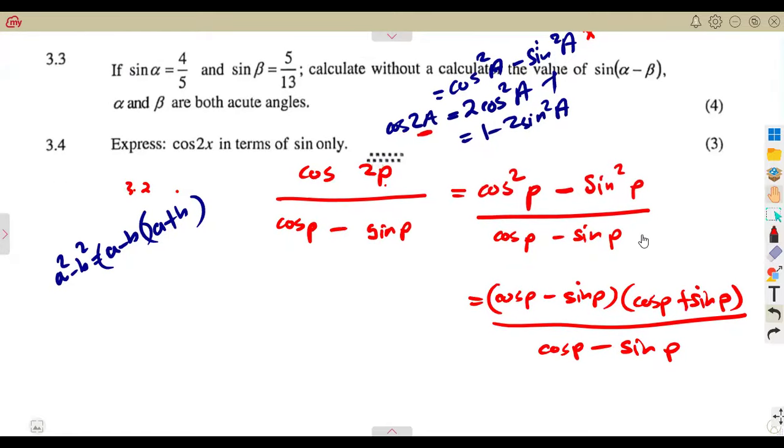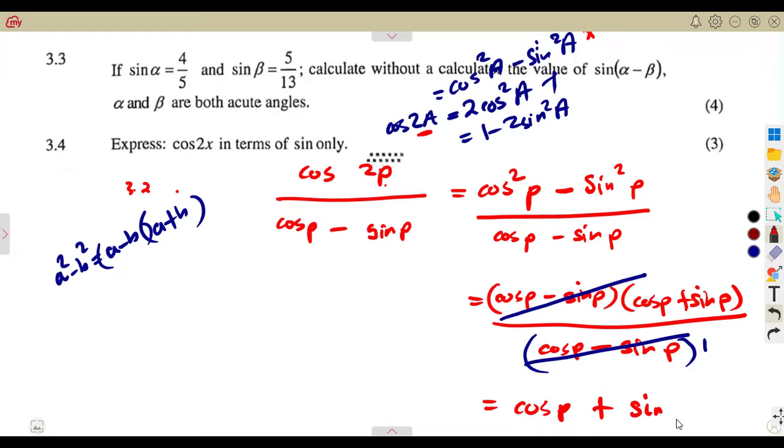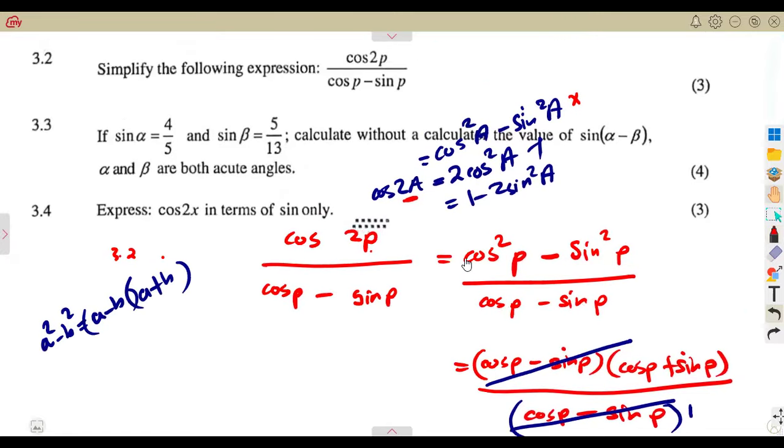The two brackets here are the same. This cos p minus sine p and this cos p minus sine p are the same. So you are remaining with a 1 in the denominator, and cos p plus sine p divided by 1 is just going to remain as cos p plus the sine of p. You have simplified. So the question was to simplify.